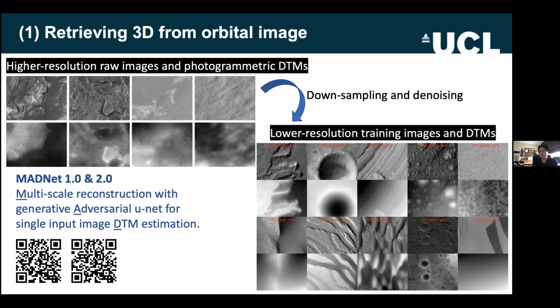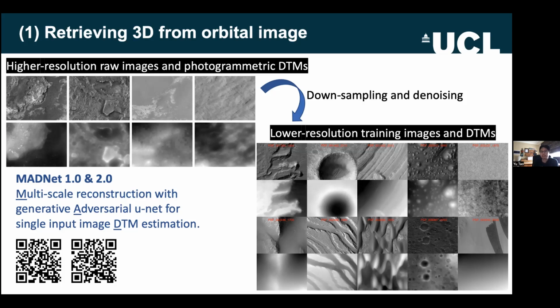So for example, we measure the effective resolution of the 1 meter per pixel HiRISE PDS DTMs to be actually lower than 4 meter per pixel. So therefore, we downsample the training HiRISE images and PDS DTMs both into 4 meter per pixel for training.